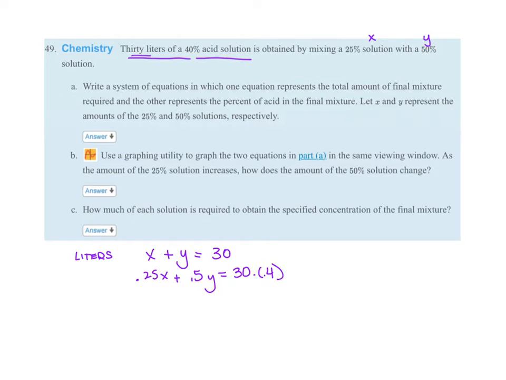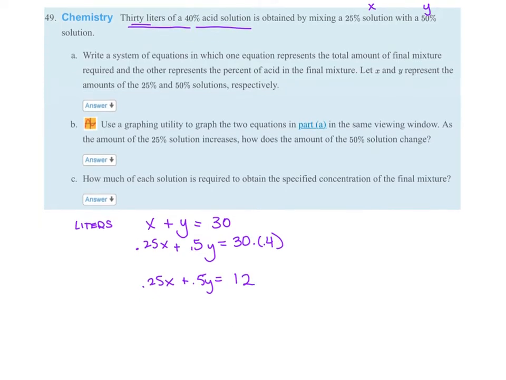Okay, so 0.25 times x plus 0.5 times y equals the 30 liters times the 0.4 acid solution. So now that we've written the equations, we can simplify it a little bit more. And so let's go ahead and multiply that, so we get 0.25x plus 0.5y, and 30 times 0.4 will be 12.